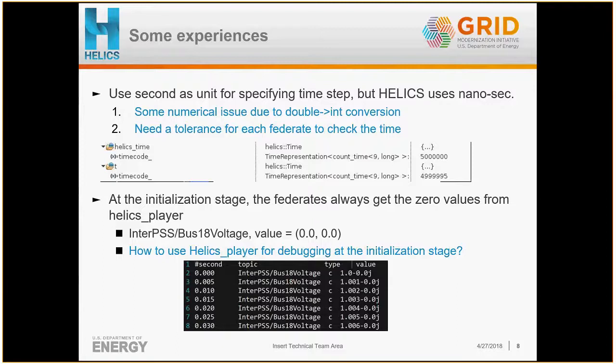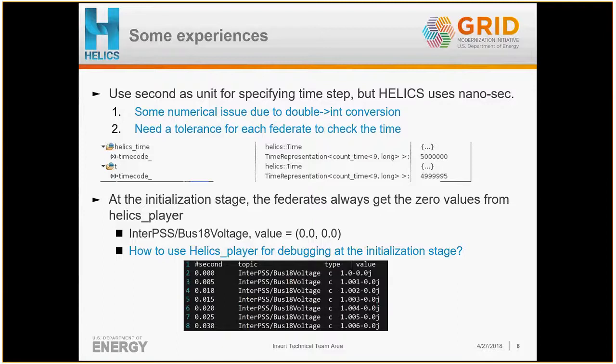After we convert from double to integer, you will see that the original 0.005 seconds becomes 49995, which is a little bit different numerically from the HELICS approved time. So for this, we have to use a tolerance in our federate in order to check the time and ensure that the approved time is consistent with what we are requesting.